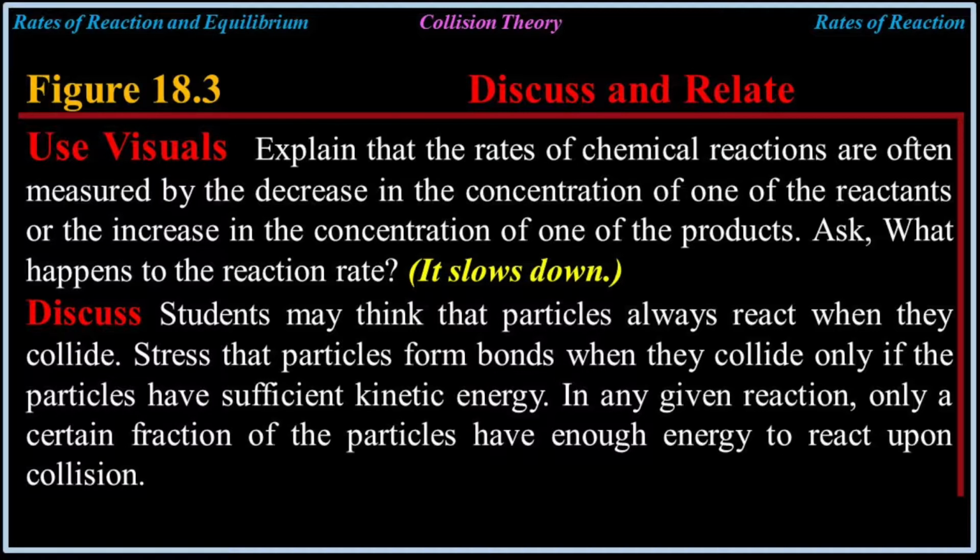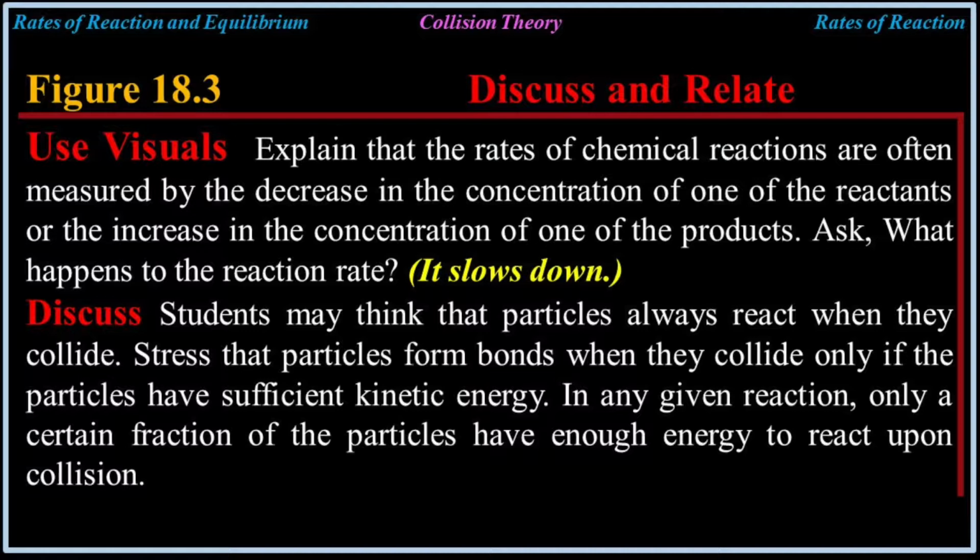Explain that the rates of chemical reactions are often measured by the decrease in the concentration of one of the reactants or the increase in the concentration of one of the products. Ask, what happens to the reaction rates? It slows down. Students may think that particles always react when they collide.